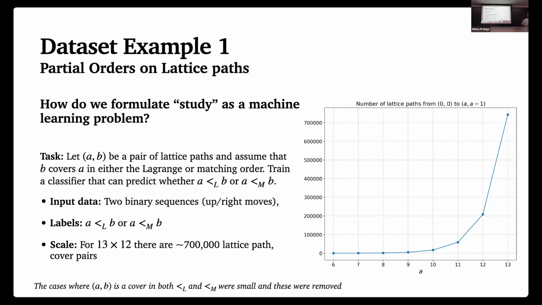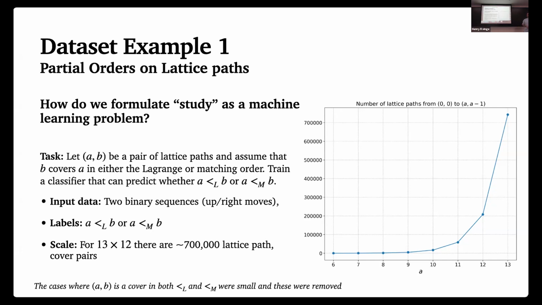So the way that we formulated this was to study these partial orders. That's not very specific. How do you start to translate that into a machine learning problem? Well, there's a lot of ways you could do it. We tried something fairly naive by turning it into a classification problem.